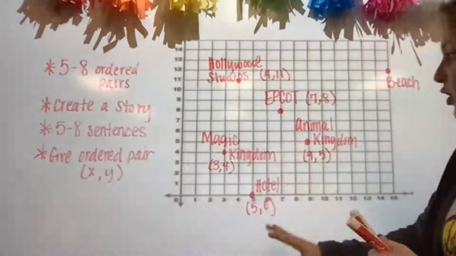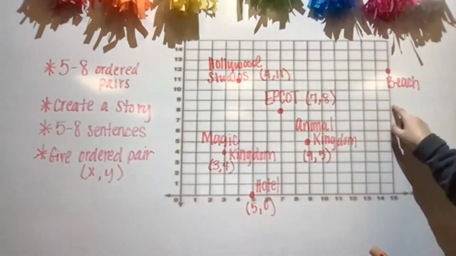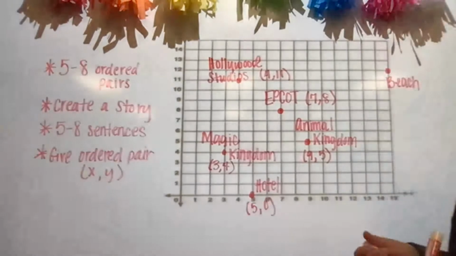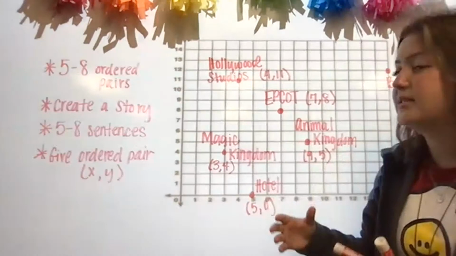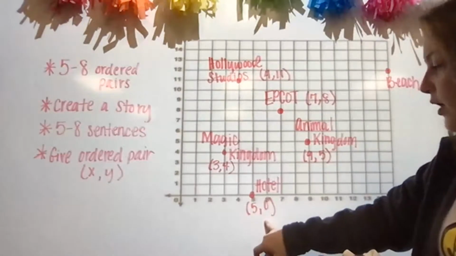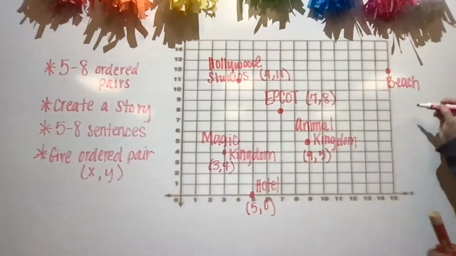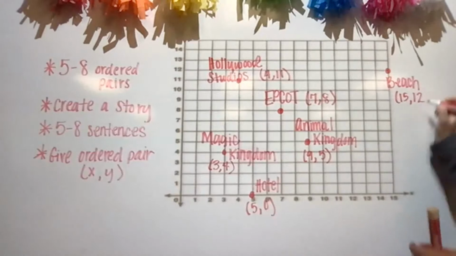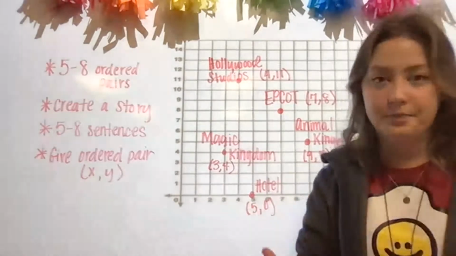Okay. I know I plotted 5, but I added 2 together. But I still have one whole ordered pair that I need to talk about. Okay. So for my last sentence, I could say, we slept in at our hotel at 5:00 and went to the beach later that day at 15:12 to enjoy the sunny day.